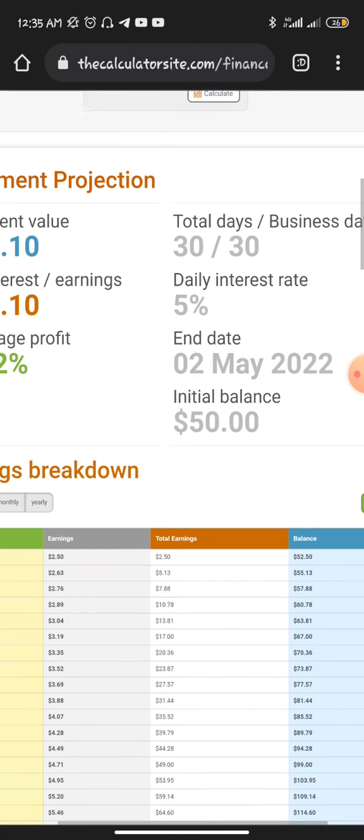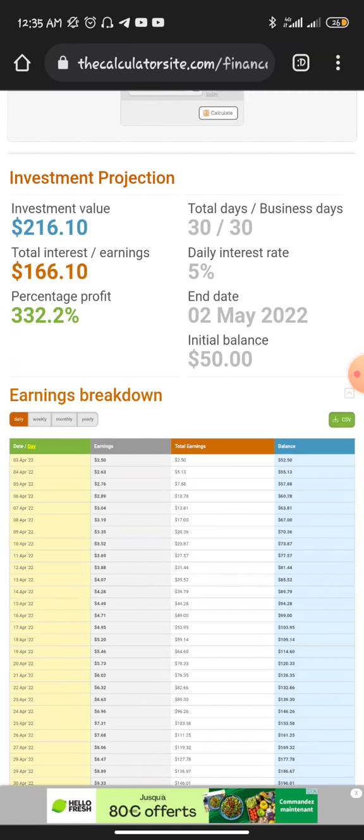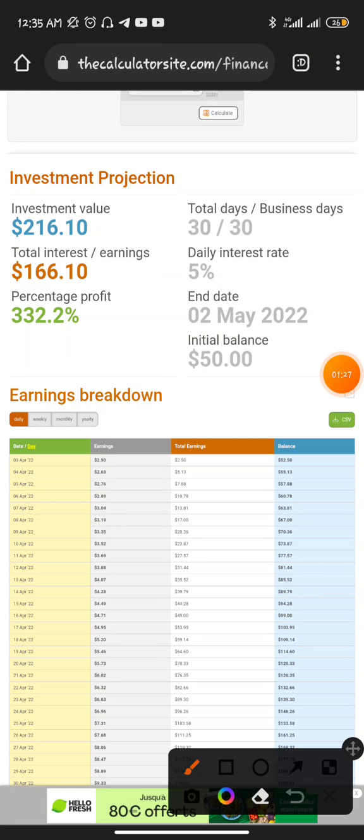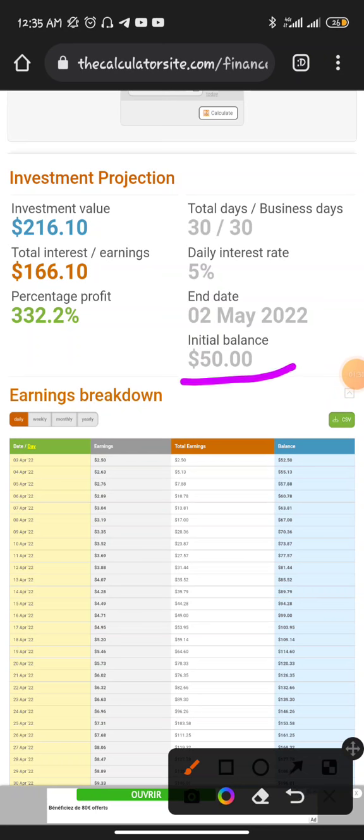So this is a full breakdown on total investment in 1 month. From this breakdown, initial money will be $50. Today, as I'm doing this video, is already 2 April, so we're going to end on the 2nd of May, and business day 30 days.